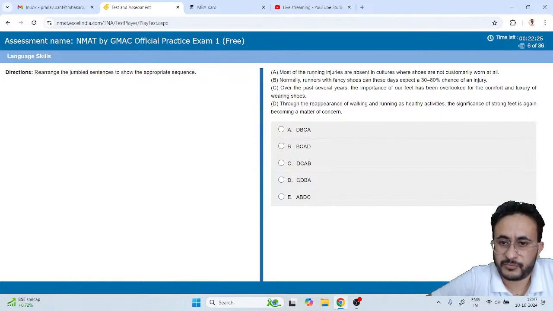Okay, again a parajumble. Most of the running injuries are absent in cultures where shoes are not customarily worn at all. Normally, runners with fancy shoes can these days expect 30 to 80% chance of an injury. Over the past several years, the importance of a fleet has been overlooked.